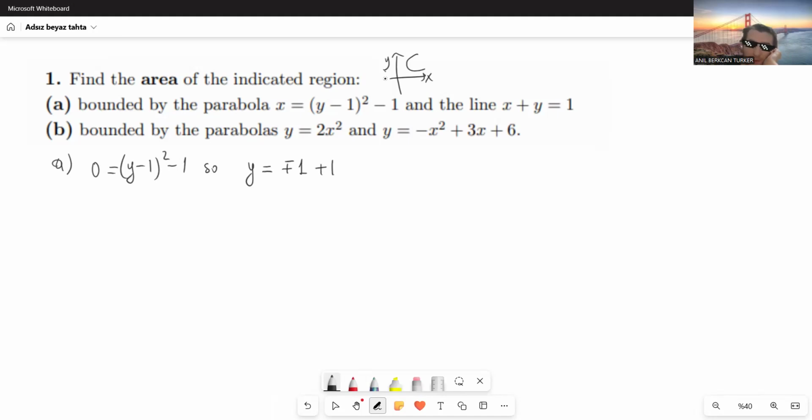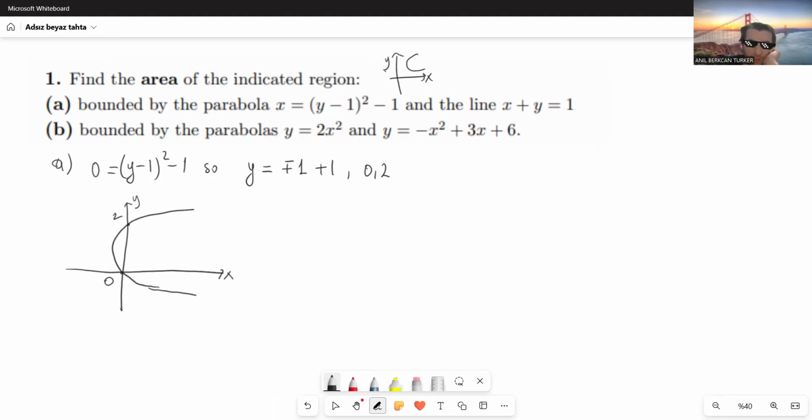So it is 0 and 2. Okay. So my parabola is like this. So this is 2, this is the origin, this is the x-axis, this is the y-axis.